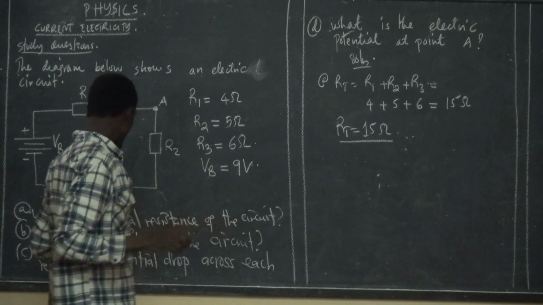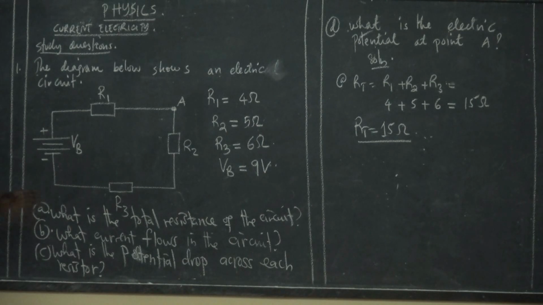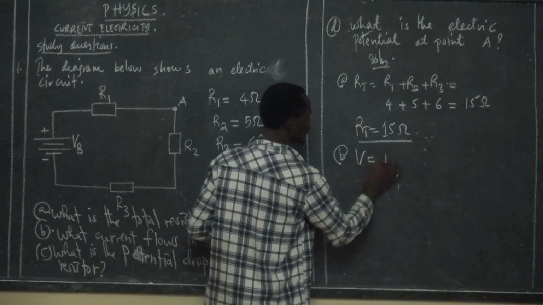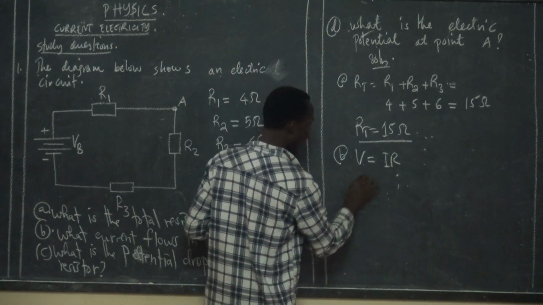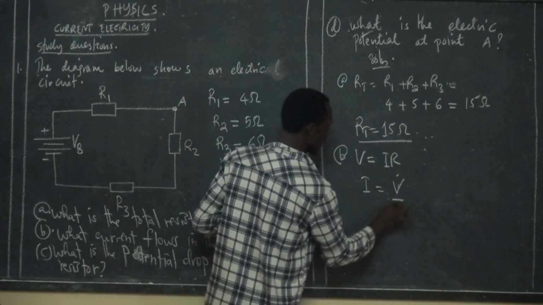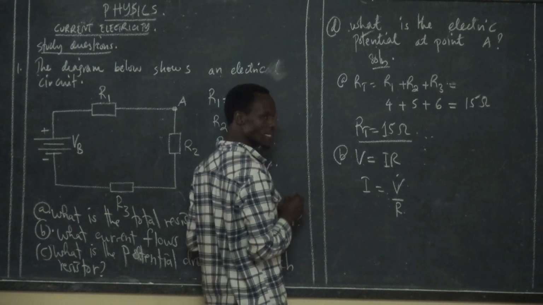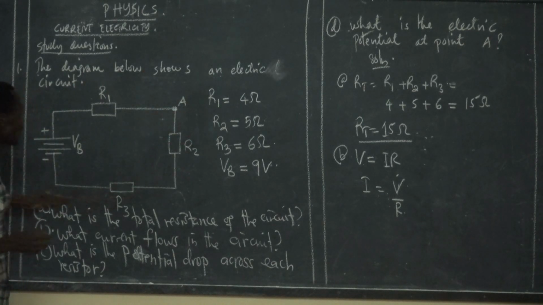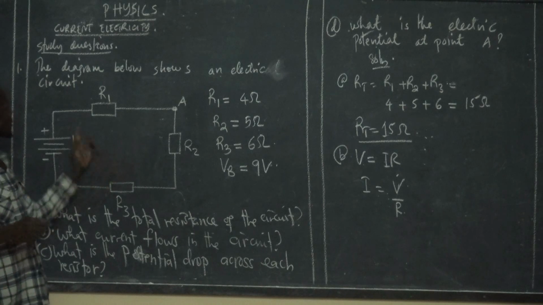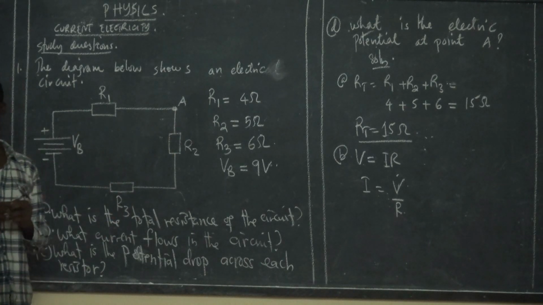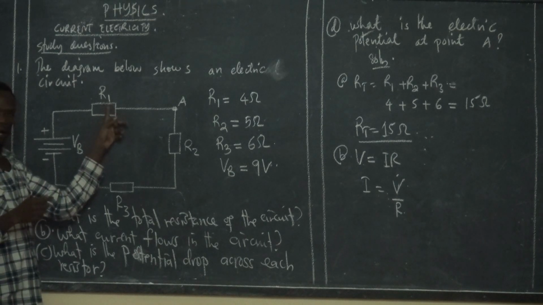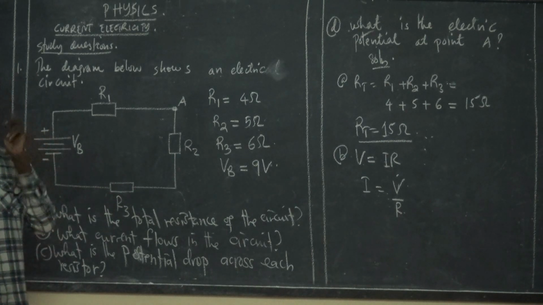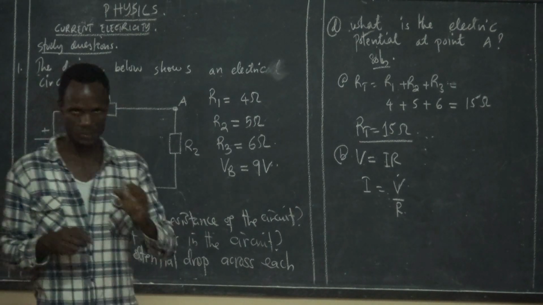B. What is the current flowing in the circuit? From Ohm's law, V is equal to IR, so I is equal to V over R. We are talking about the current flowing through the circuit, and since these resistors are in series, the current is the same at all points.